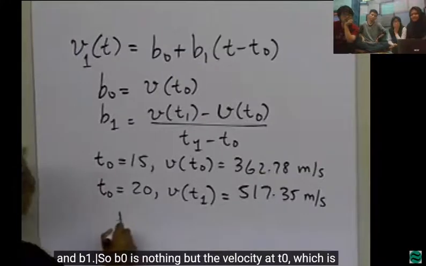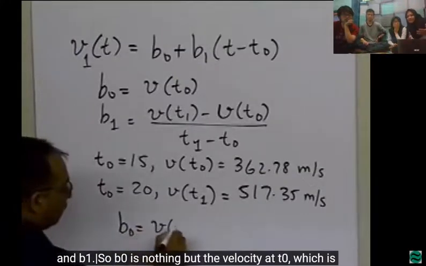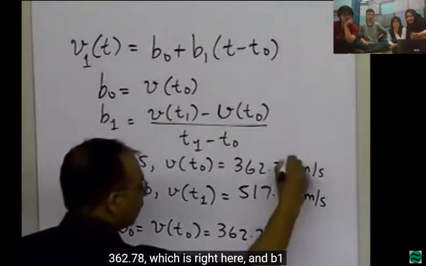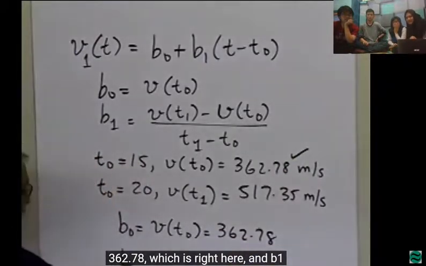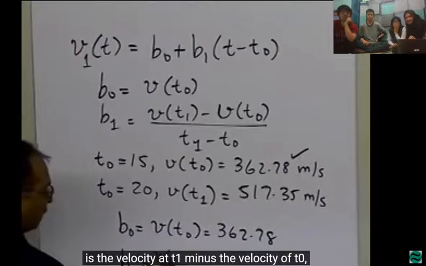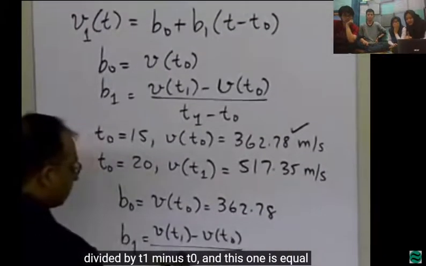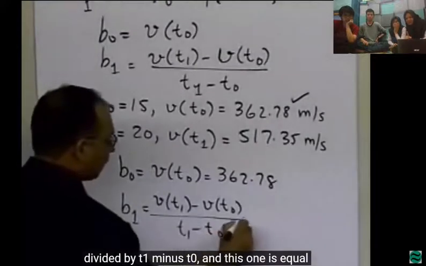So b naught is nothing but the value of the velocity at t naught, which is 362.78, right here. And b1 is the velocity at t sub 1 minus the velocity at t sub naught, divided by t sub 1 minus t sub naught.